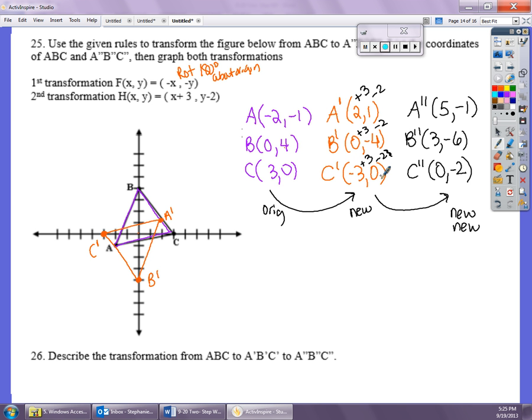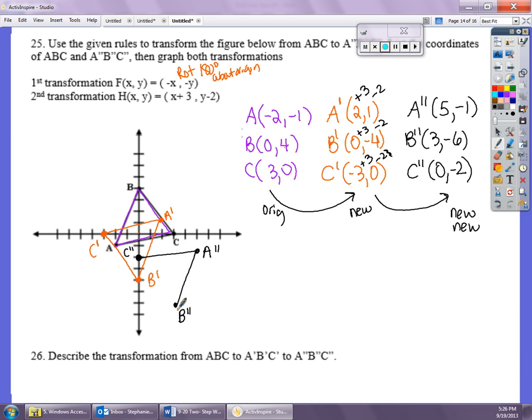Not from the original, but from the new. So I'm going to go to (5, -1), and this is my new A. So I'm going from A prime to A double prime. And then (3, -6). That's my new B double prime. And then (0, -2). That's my new C double prime.